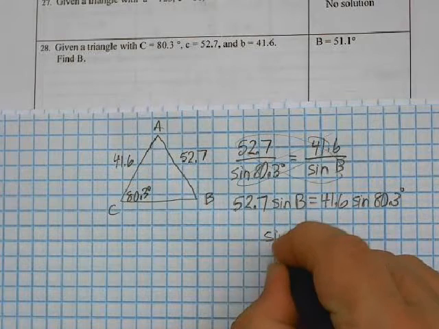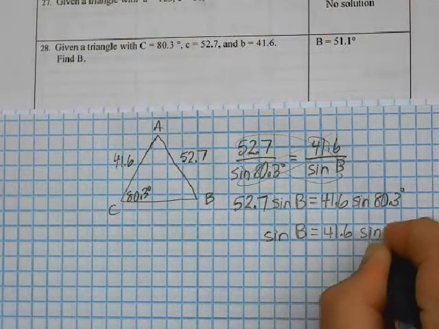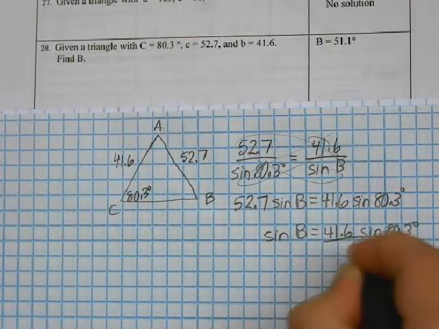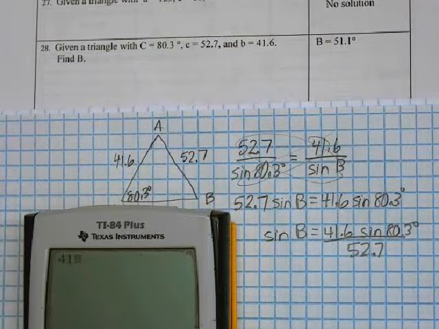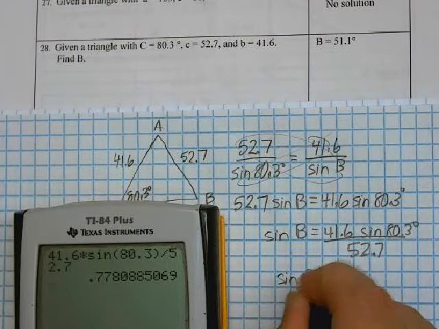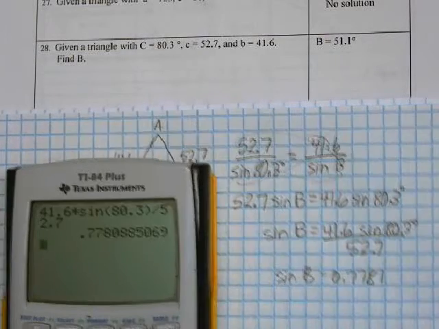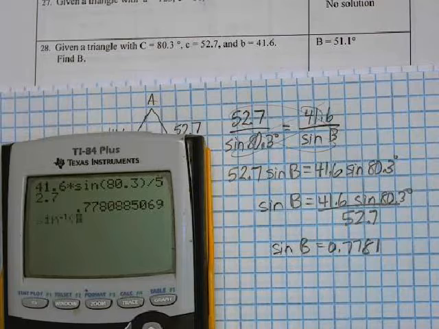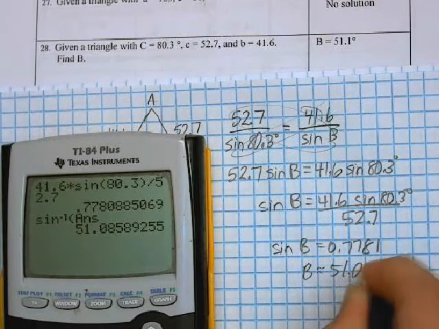So we'll divide both sides by 52.7. So I take the arc sine in order to find the angle, and B is about 51.09 degrees.